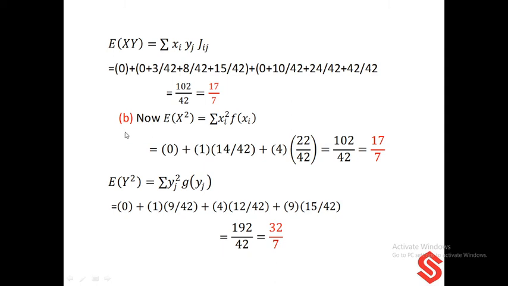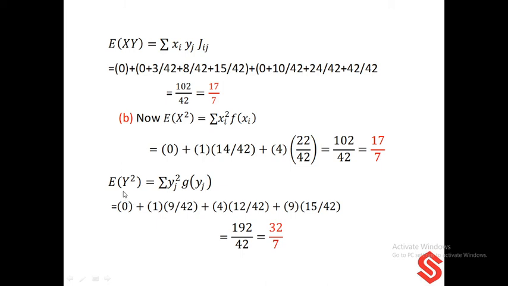Next, B, E of x square, it is defined as summation xi square into f of xi. So x1 square into f of x1, that is 0. Then x2 square f of x2 plus x3 square f of x3. Substitute the values, we get 102 by 42, that is 17 by 7.